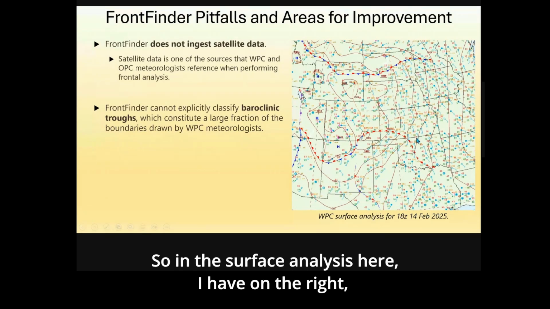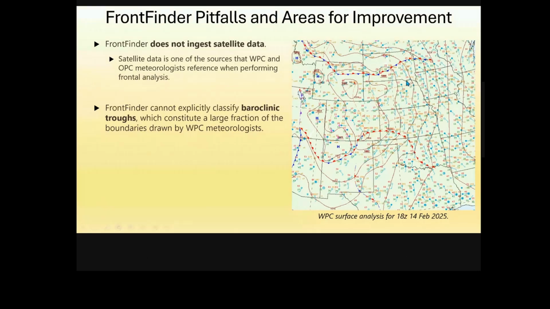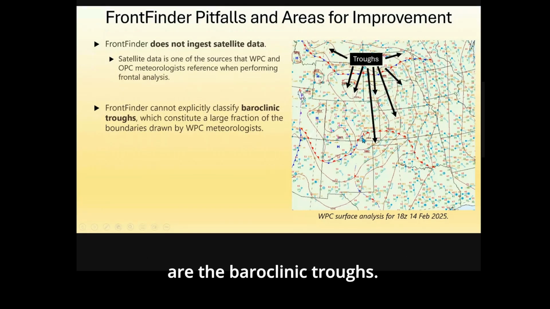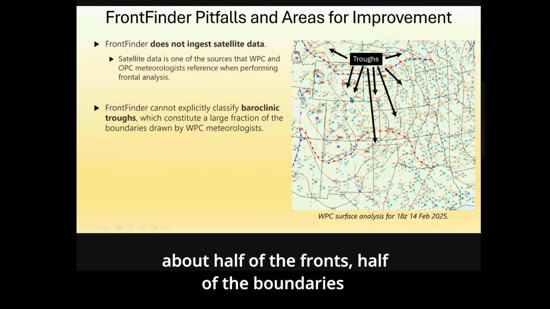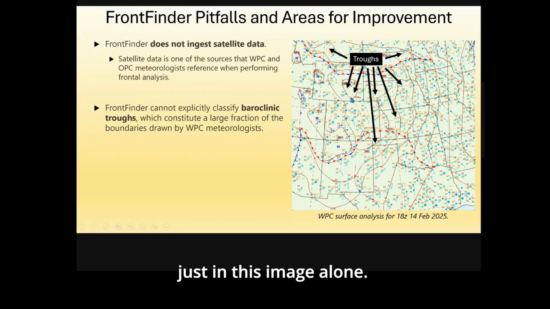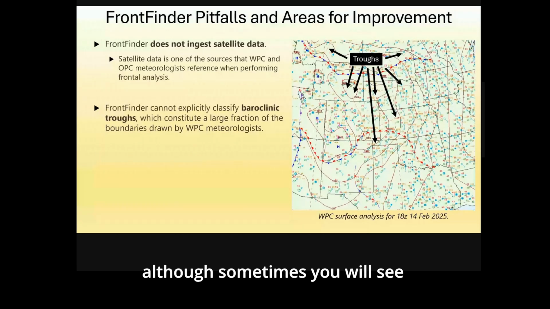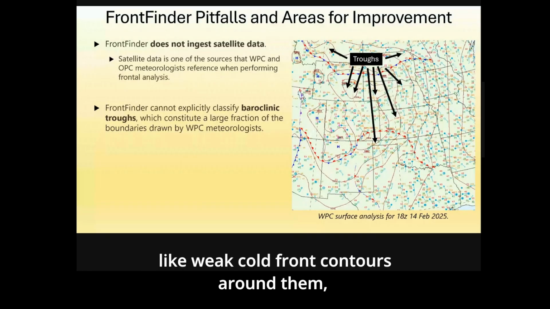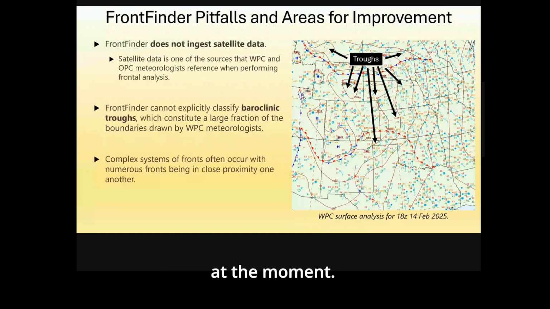In the surface analysis here on the right, you can see the warm front, stationary, cold, etc. However, these dashed orange lines are the baroclinic troughs, and you can see that they encompass about half of the boundaries just in this image alone. Front Finder cannot explicitly find these, although sometimes you will see weak cold front contours around them, but it can't explicitly predict baroclinic troughs at the moment.